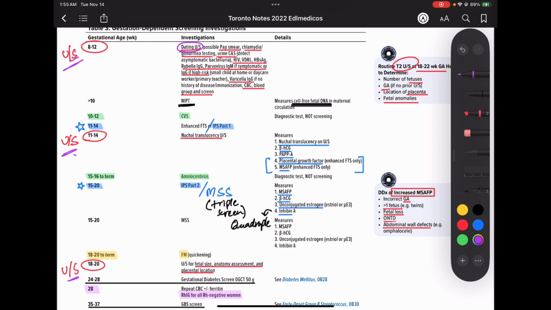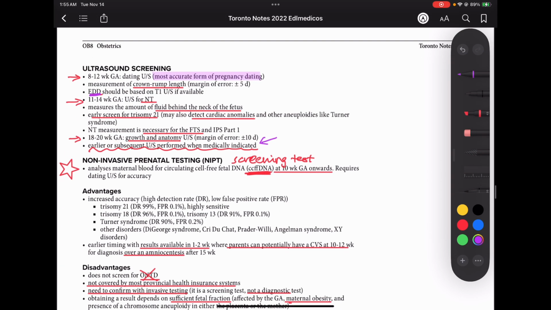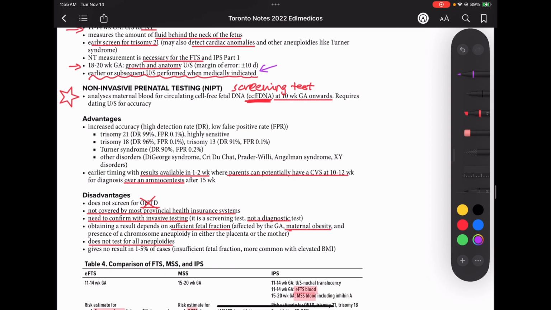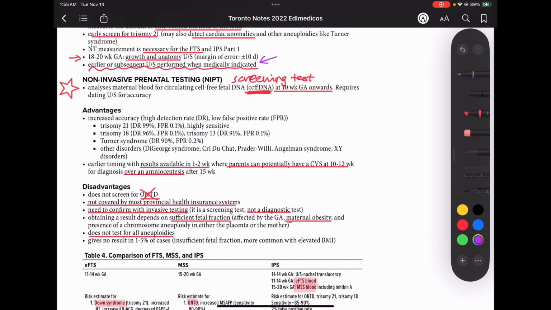If we find anything positive in the dating ultrasound, or if we have any indication because of our family history, or any indication which might lead to suspicion of any cardiac anomaly or congenital problems, we're going to go for non-invasive prenatal testing, NIPT.